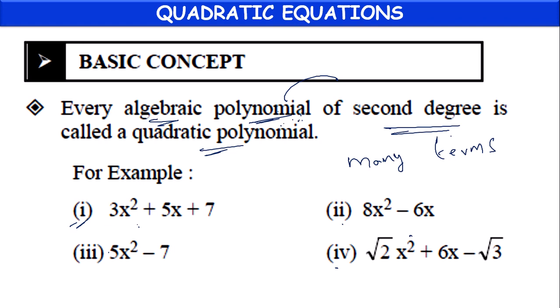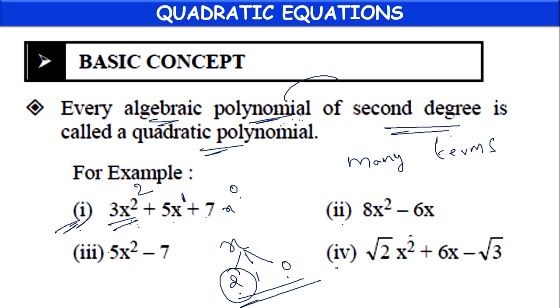In these polynomials, if you observe the first example here, the power of the first term is 2, the power of the second term is x power 1, and the power of the third term is x power 0. Means here the powers for the variable x are 2, 1, 0. Out of these three, the highest power is 2, which is called the degree of the expression.